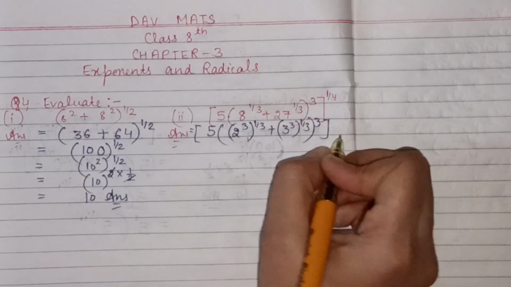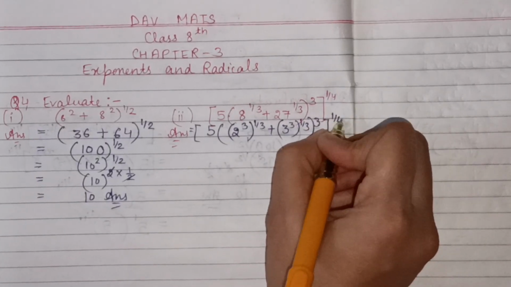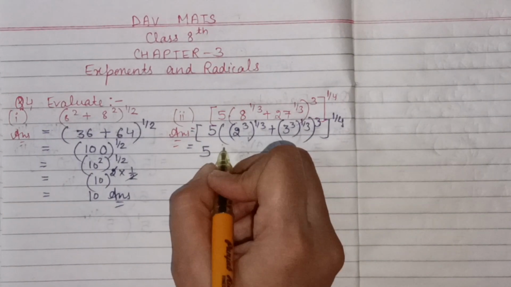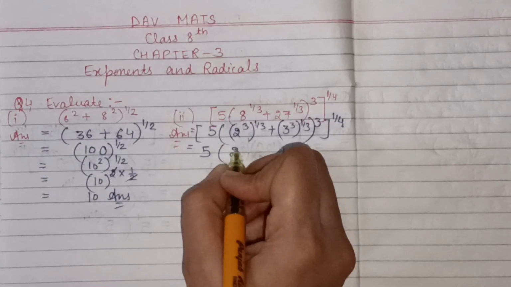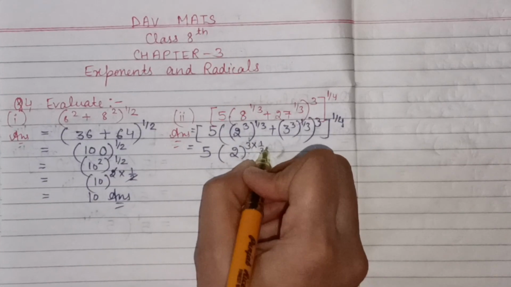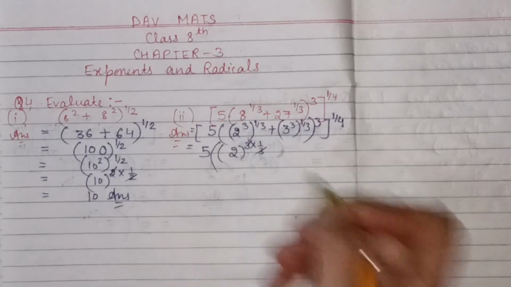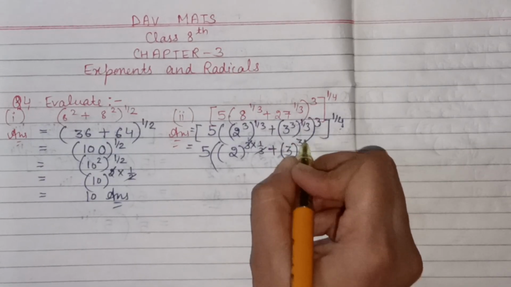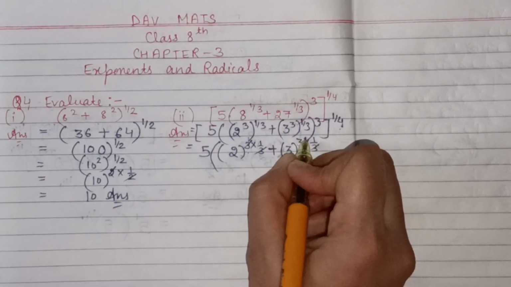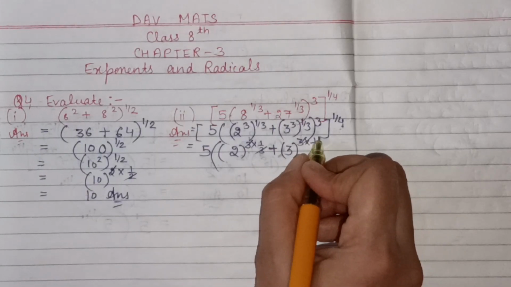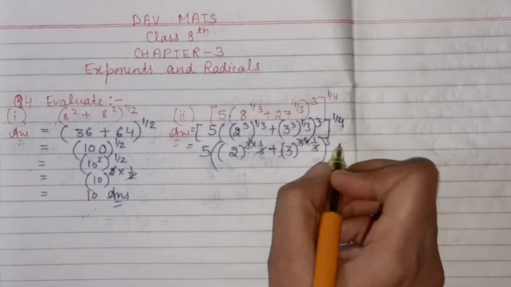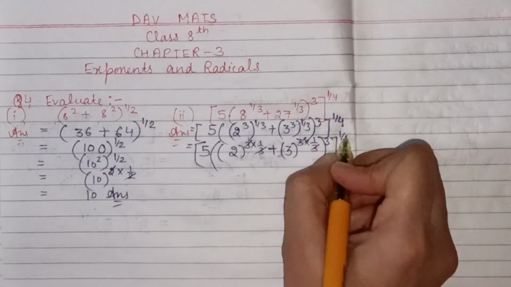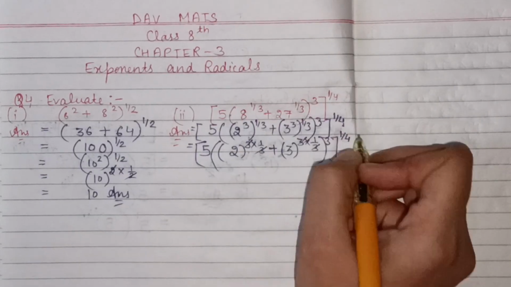After the bracket, the whole exponent is 1 upon 4. Here I write 5, then 2 raised to power 3 multiplied by 1 upon 3, this 3 cuts this 3, plus 3 raised to power 3 multiplied by 1 upon 3, this 3 cuts this 3, and after the bracket 1 upon 4 is the exponent of the whole number.